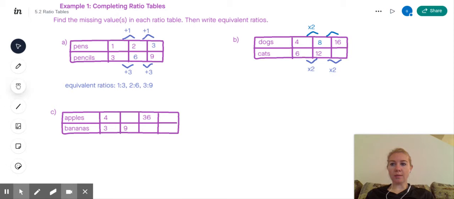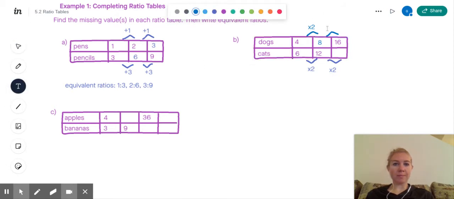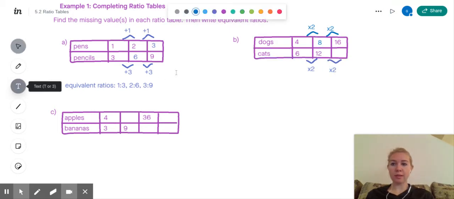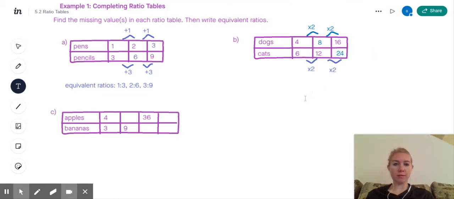And if we're keeping with the same pattern, the difference between these 2 boxes is times 2. 8 times 2 is 16, so that pattern works. So on the bottom, we take 12 times 2, and I know 12 times 2 is 24. So for this one, we stuck with the same pattern. We multiplied every number by 2.